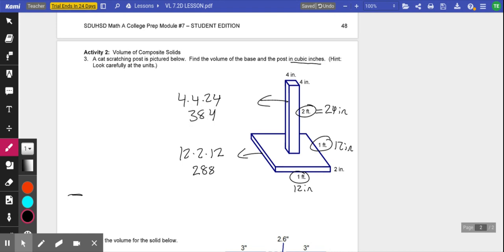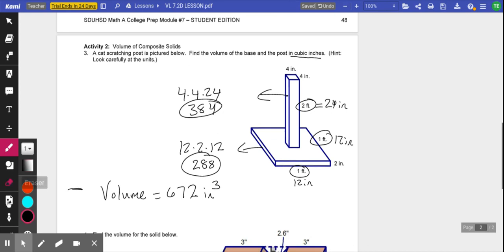And then I'm going to add my two numbers together. So I get the volume is equal to 672 inches cubed. Okay, on that one we had to convert our inches. Okay, next one.